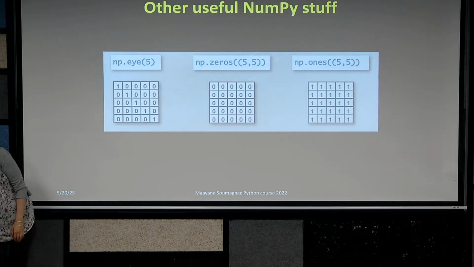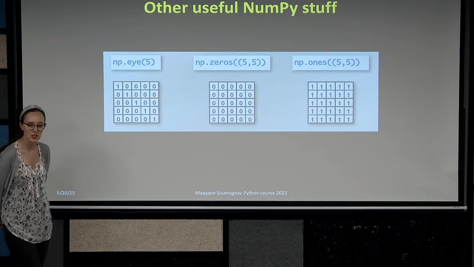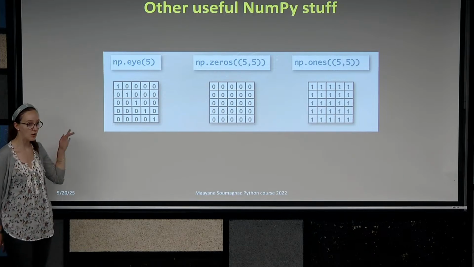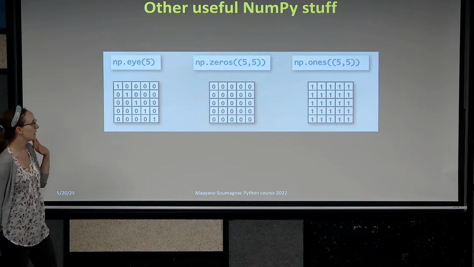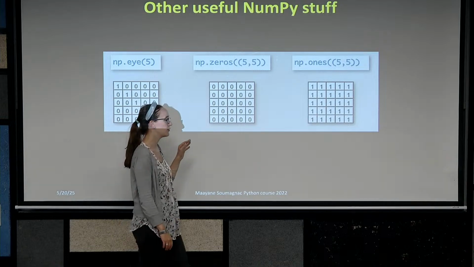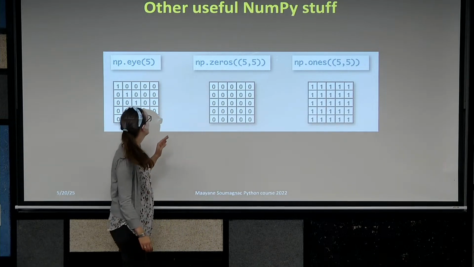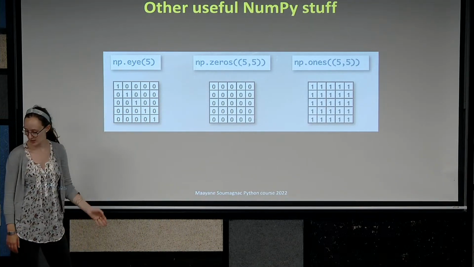I also gave you a few examples on how to initialize an array. These are all functions that we expect you to know, okay? How to make a 2D array that is full of ones, full of zeros, or a diagonal of ones.